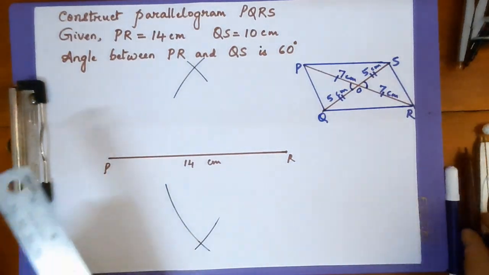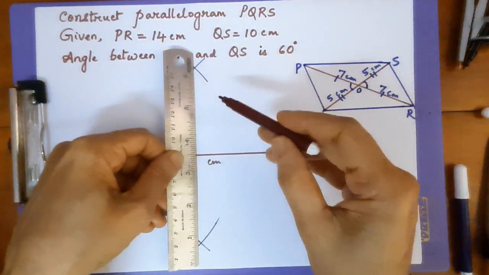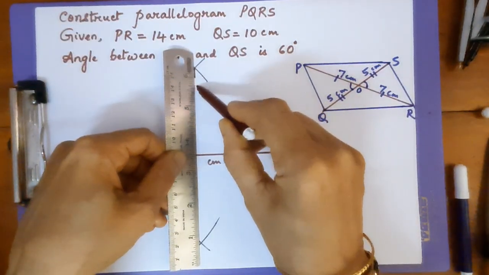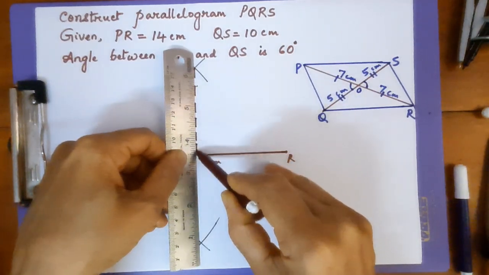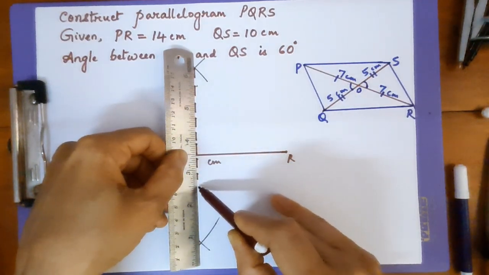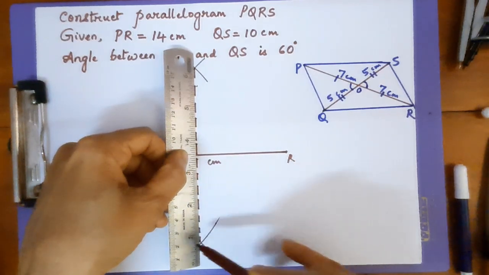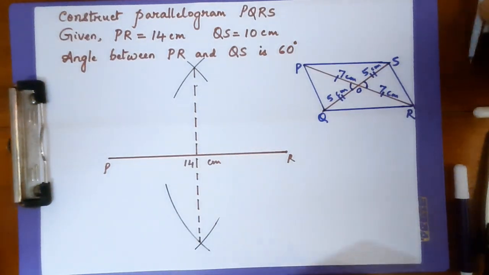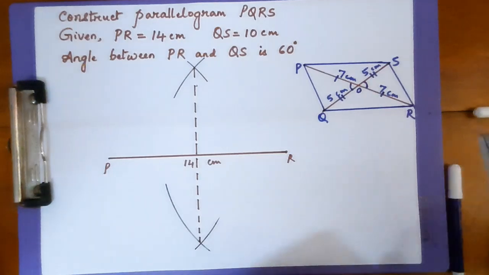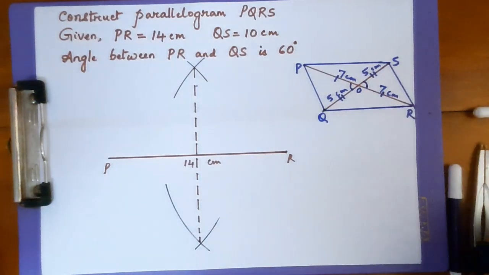So now use a dotted line to draw the bisector, because we are not using this bisector for marking the diagonal, because the other diagonal does not lie on this bisector. So now we need to construct a 60 degree angle here at the point O.